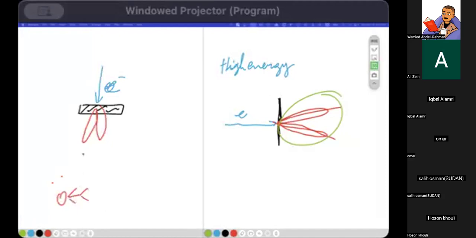Now, in reality, Bremsstrahlung is not produced by a single electron, but by an electron beam. So we can have electrons like this, beams coming like this. If we add up or look at the total intensity, you will find that the intensity will look like that.